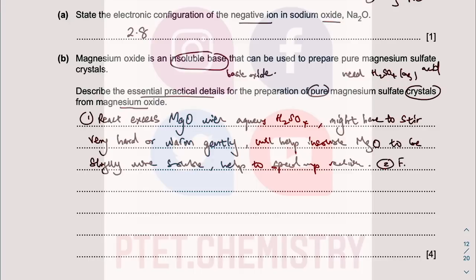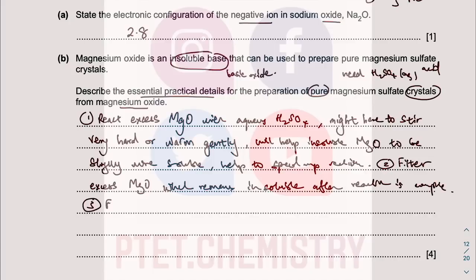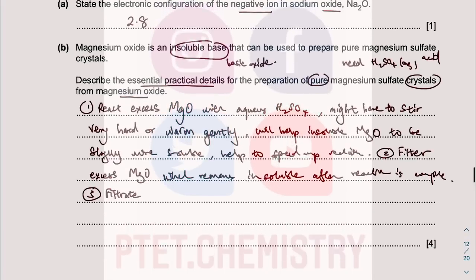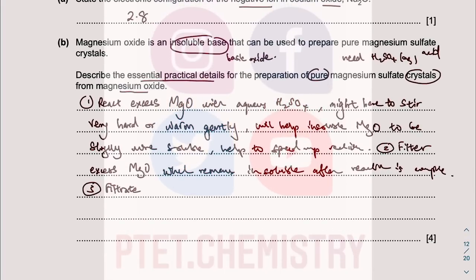Then you filter the excess MgO, which remains insoluble after the reaction is complete. After you filter it, the filtrate is the solution that passes through the filter paper. The filtrate is concentrated. What do I mean by concentrated?